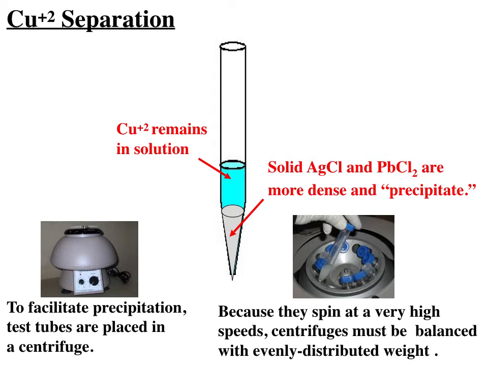Now, one of the reasons that centrifuge tubes are pointed at the bottom is because oftentimes the amount of precipitate which forms is very small. If you use a rounded tube at the bottom, the tiny amount of precipitate that may form may not be easily discernible on a very wide-based bottom of a tube.